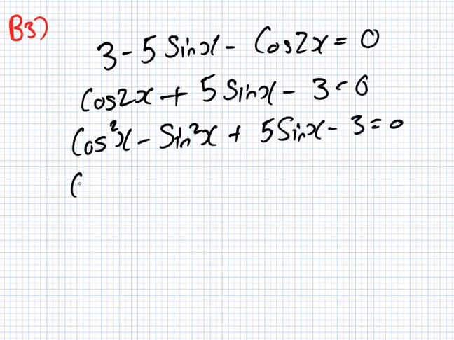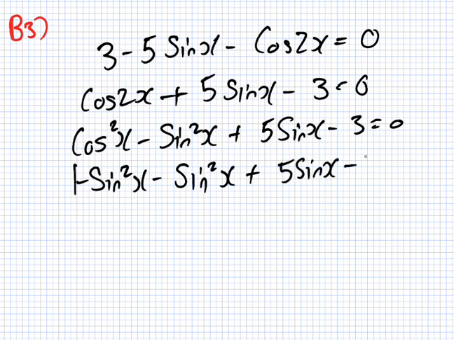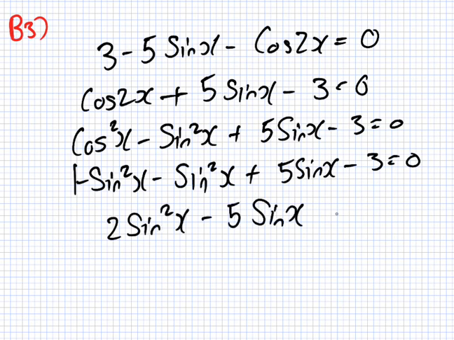I shall change cos squared into 1 minus sine squared. And this will be 2 sine squared x minus 5 sine x. 1 minus 3 is -2, but I'm flipping the signs to make it easier, so I get this.